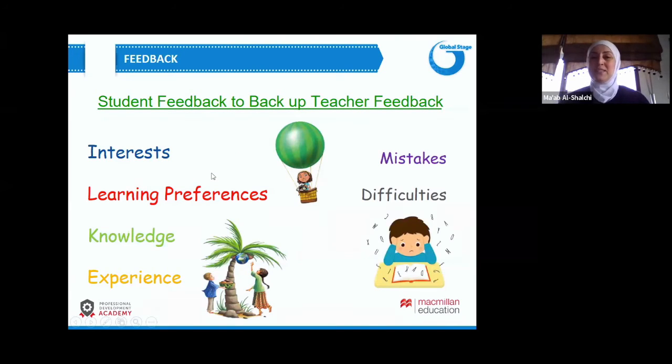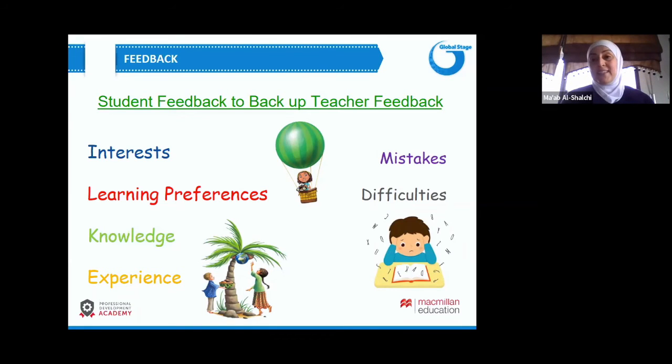And so students' feedback to back up teacher feedback is also very, very important. You should, as a teacher, always take into consideration students' interests, their learning preferences, their knowledge of the material that you are discussing with them, and their experience.